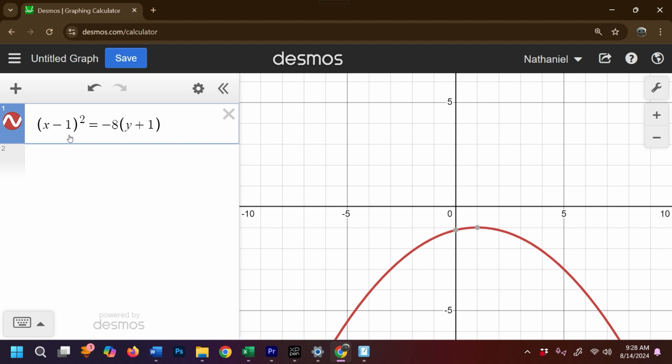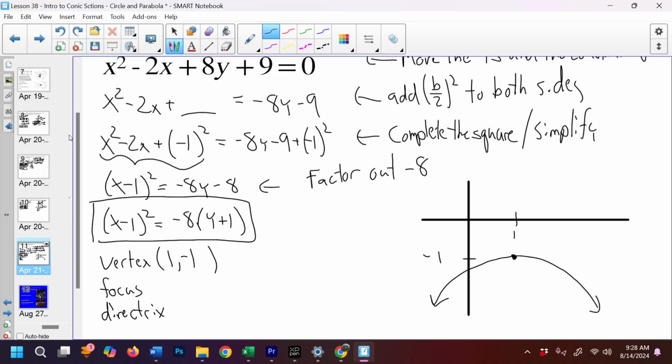And we can see we have that parabola that opens down. All right, so to find the focus, that is a point right here. And I've got to figure out what P is equal to. Well, 4P from the formula is equal to this value right here, negative 8. So P is equal to negative 2.